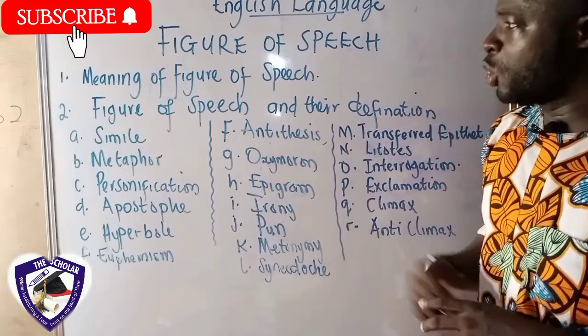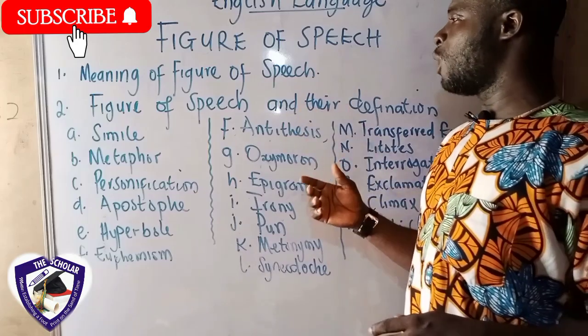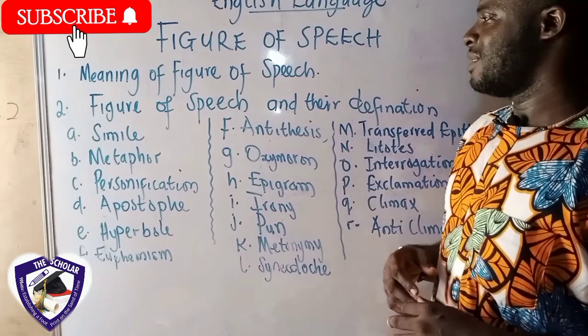But firstly, what do we refer to as figures of speech? Figures of speech are extensively and effectively used in poetry to express ideas and feelings in an expressive manner. So, we're going to be looking at the definition of each of these things.